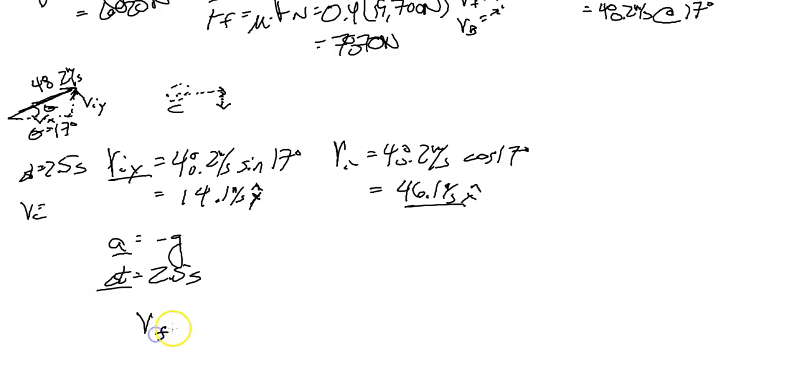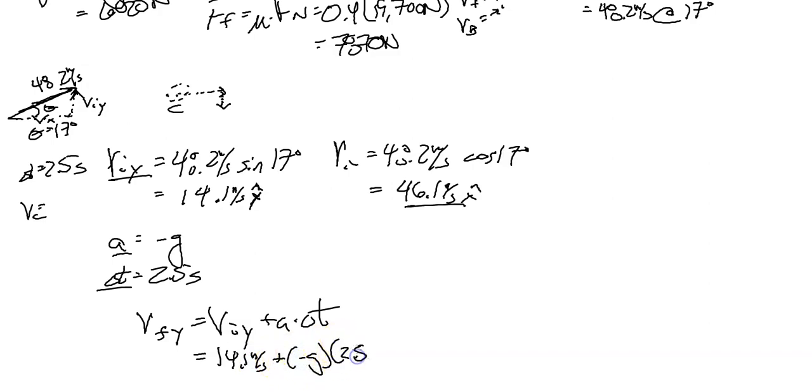That's simply going to be velocity final in the y, velocity initial in the y, plus acceleration times time. So 14.1 meters per second plus a negative g times 2.5 seconds tells us after 2.5 seconds it is traveling down. It's actually traveling at negative 10.4 meters per second in the y.